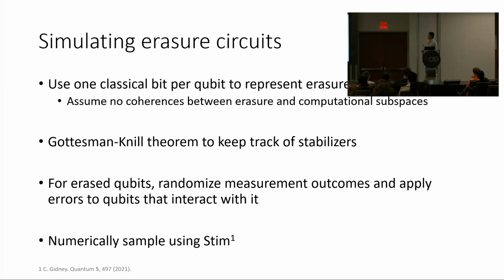And for the erased qubits, if we're performing a Pauli measurement on erased qubits, then we would just randomize the outcome. And we would also apply the errors to other qubits that interact with erased qubits according to whatever rule we picked before. So all of this can be done numerically through software such as STIM.